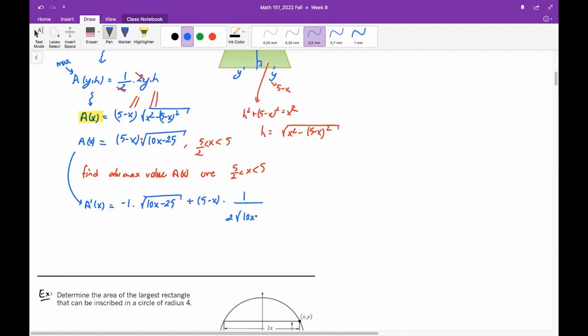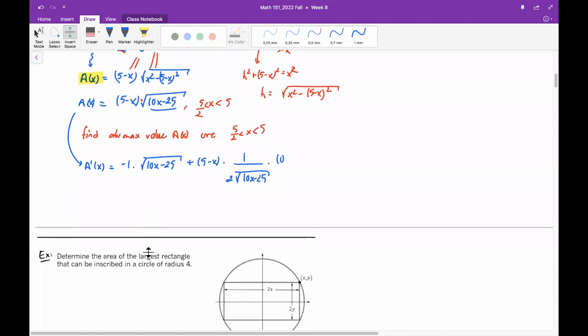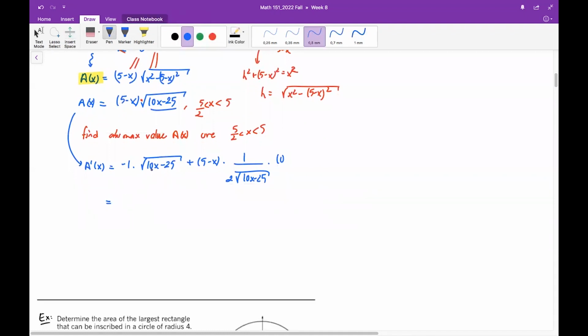It is differentiated as 1/2 times the square root itself times the derivative of the inside part, which is 10. Okay, if you write both expressions over a common denominator, you can obtain this expression for the first derivative function.